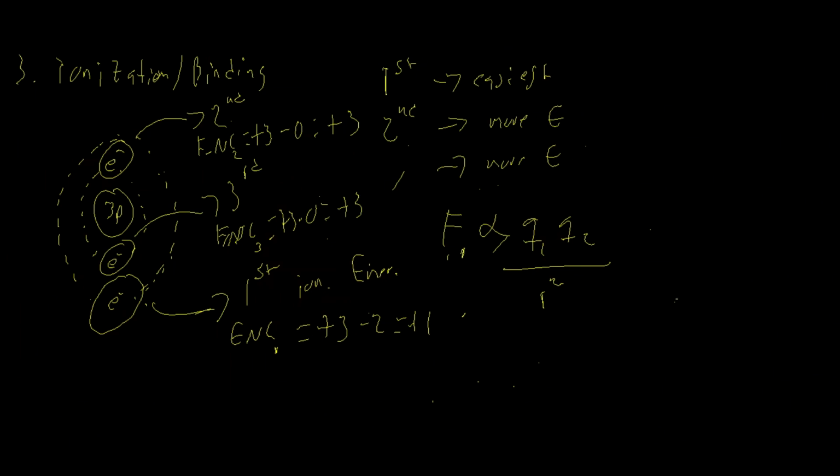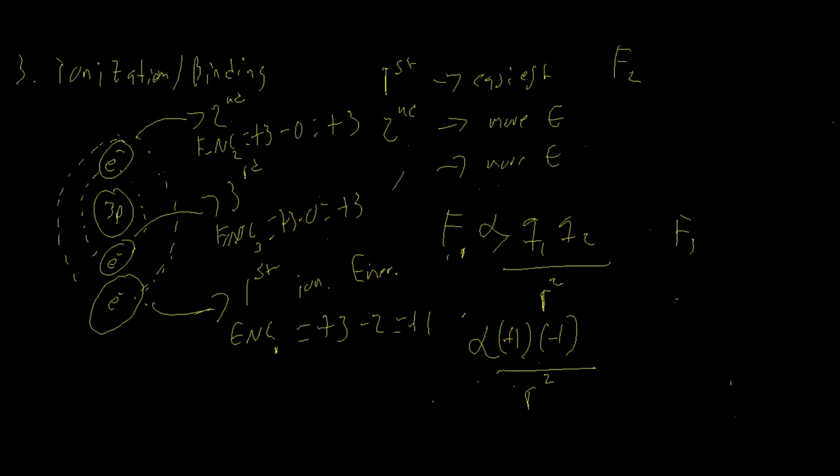So F1, we'll do F2 up here, we'll do F3 out to the side. In F1, Q1 is going to be positive 1, Q2 would be the charge of 1 electron, minus 1, and then R squared. In this case it is just the normal radius for that specific atom.